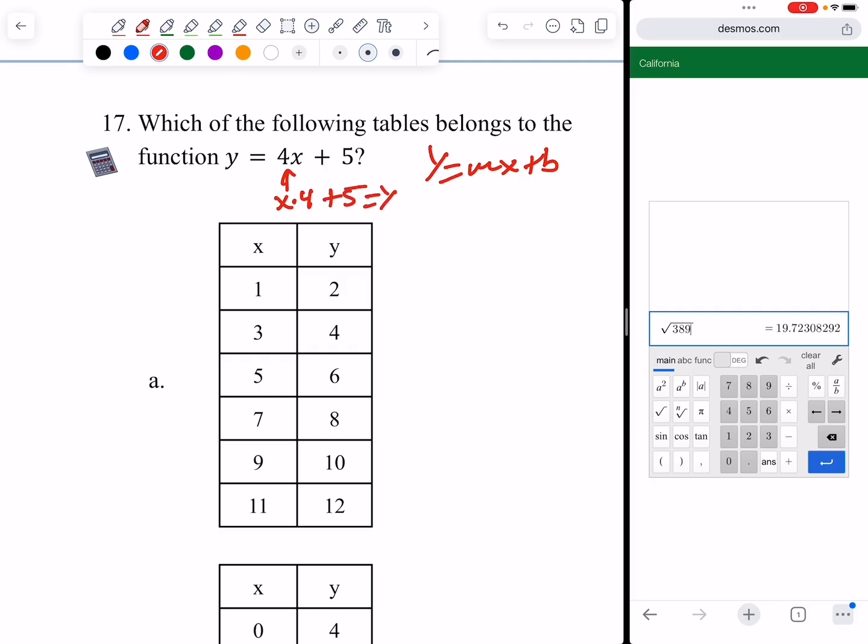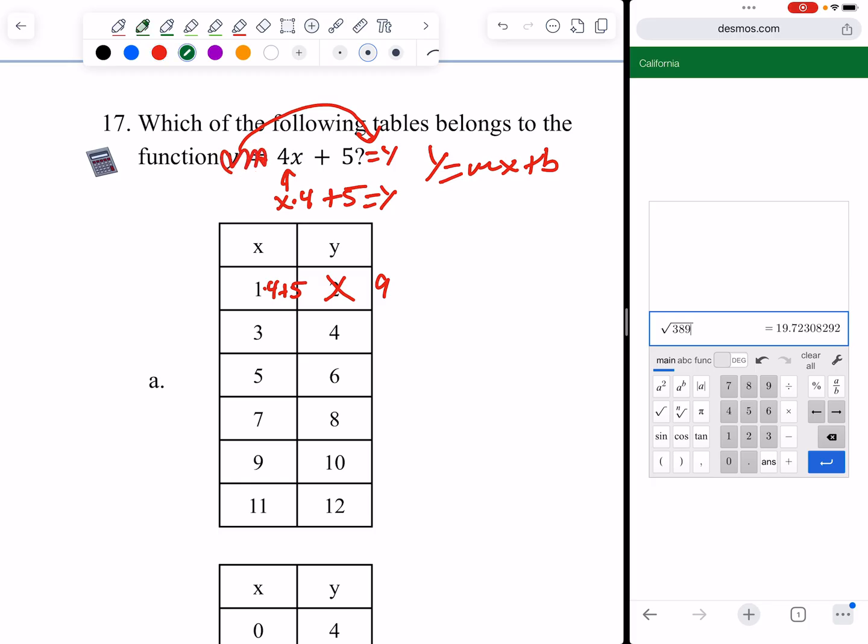So here's what I'm talking about. X times 4, what is that? 4 plus 5 equals 9. It is not 2. That's all it's saying. That's the rule, right? I just moved that y to the other side, okay, to make it easier. So that's one way to do it.